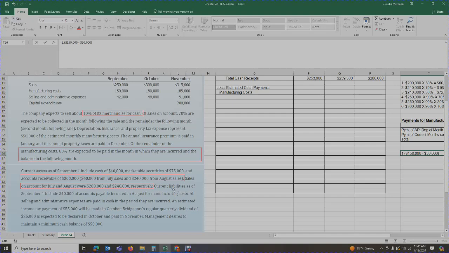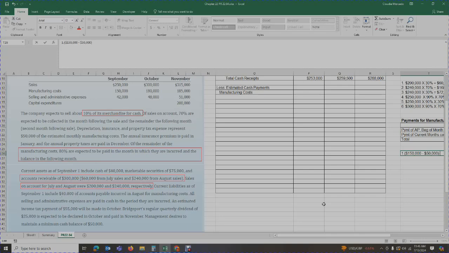So that $40,000 is given to you, the beginning balance of accounts payable for the month. Those $40,000 are being carried forward from August.